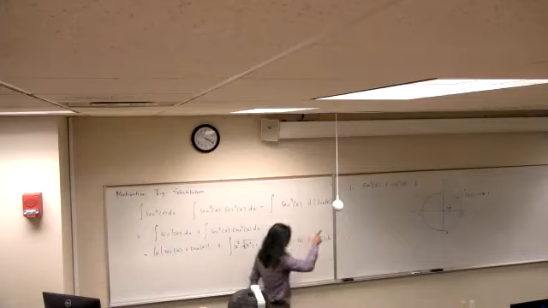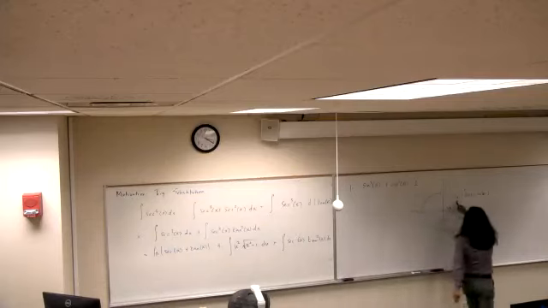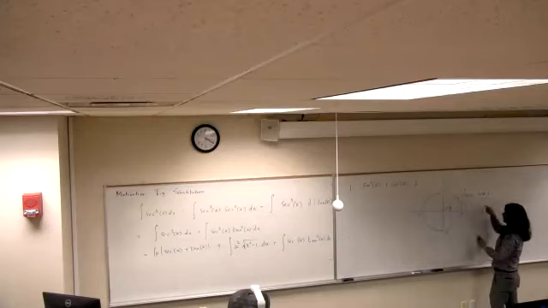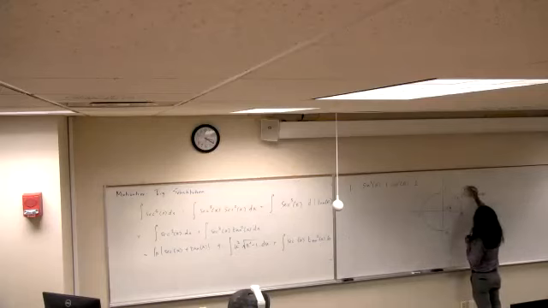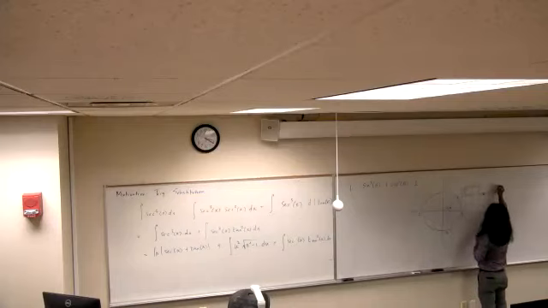So, this point is 1 times cosine theta, 1 times sine theta. That point, 2 times cosine theta, 2 times sine theta.